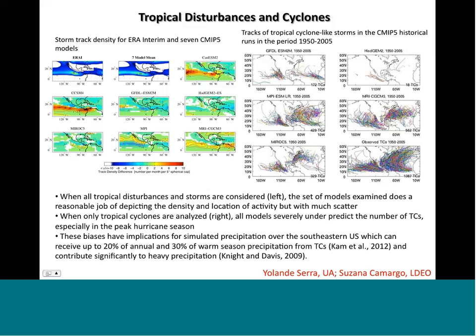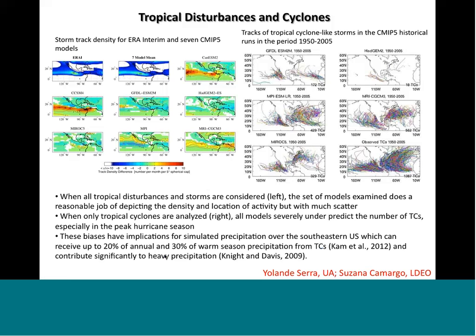Some models, like this HadGEM2, do a very poor job. Others are getting a bit closer. And this has important consequences for the production of precipitation over places like the southeast, which can actually get 20% of annual and 30% of warm season precipitation from tropical cyclones. And it contributes significantly to heavy precipitation as well.